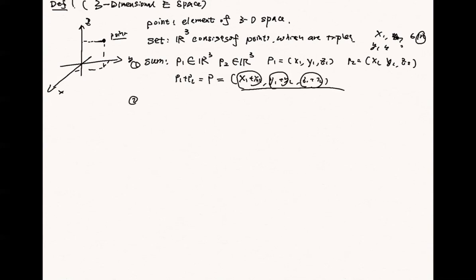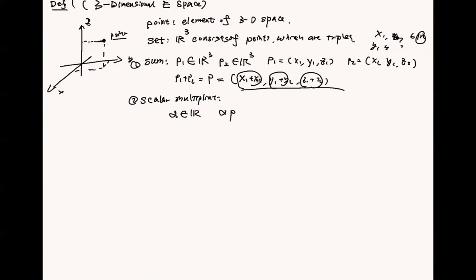Then we also need another operation. Just like in linear algebra, we do not define a product of two points. We want to define a scalar multiplication. A scalar will be a real number, and by scalar multiplication we want a scalar times a point.